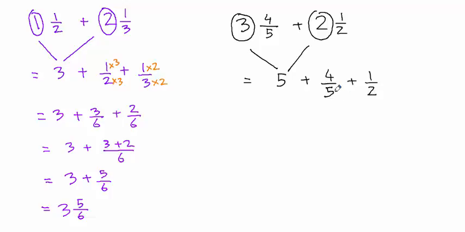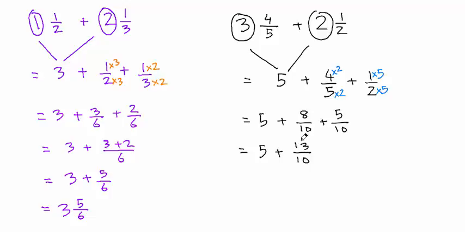So you want to change this and this to 10. 5 times 2 is 10, multiply the 4 by 2. 2 times 5 is 10, multiply the 1 by 5. And you get 5 plus 4 times 2 is 8 tenths plus 1 times 5 is 5 tenths. This is equal to 5 plus 8 plus 5, that's 13 over 10.